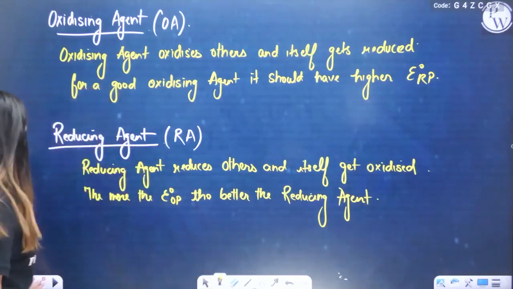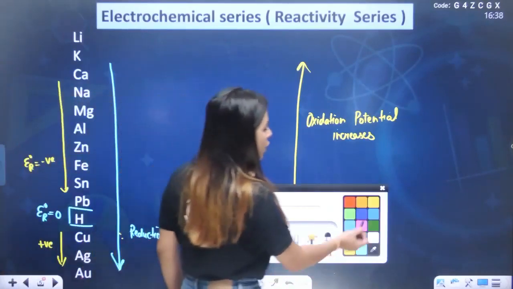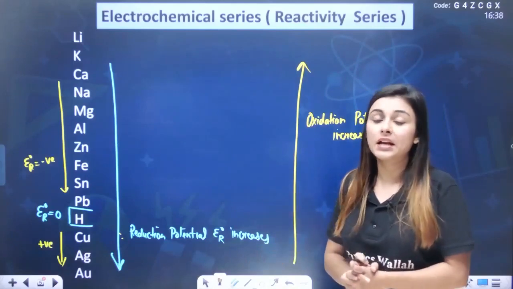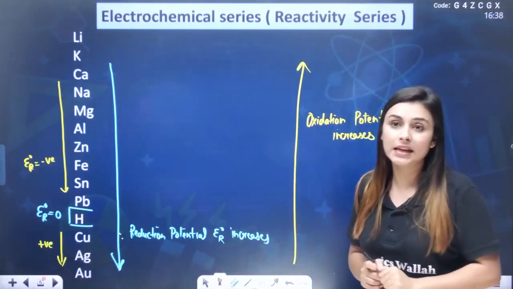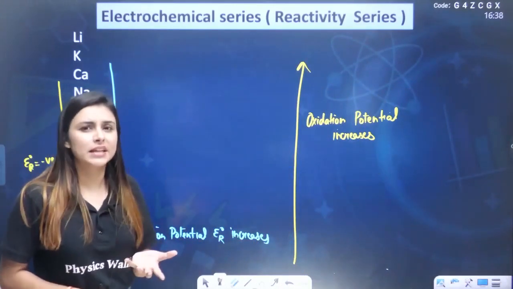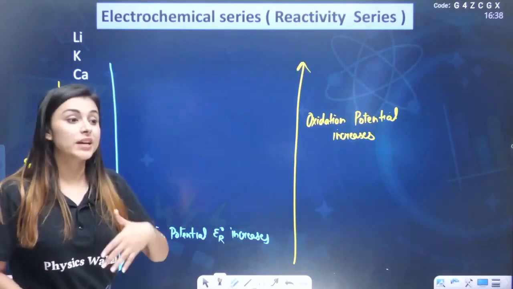So now if we move to the electrochemical series, can you tell me which, top or the bottom, where will I get better oxidizing agents? Let's see. If I am talking about a better oxidizing agent, this means that you want an agent which can oxidize the other.